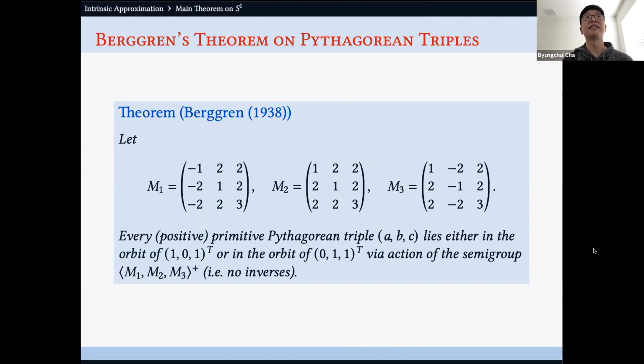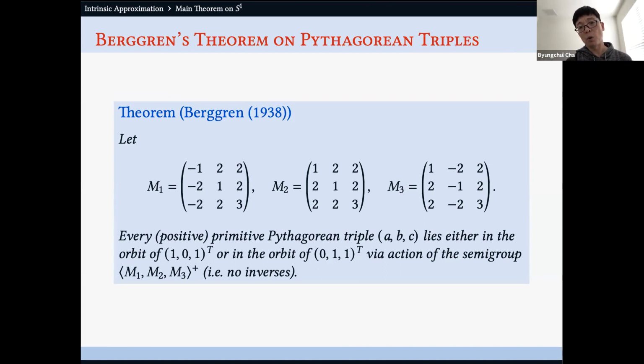The first thing is to define a digit expansion for points on the unit circle. The starting point for us is to recall a maybe less known theorem on Pythagorean triples, which I call Berggren's theorem. It says basically this: every primitive Pythagorean triple is in the orbit of 101 or 011 via the action of the semigroup generated by M1, M2, M3. These are the three matrices.